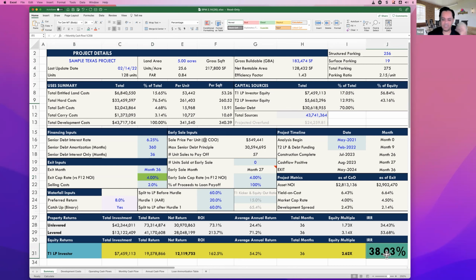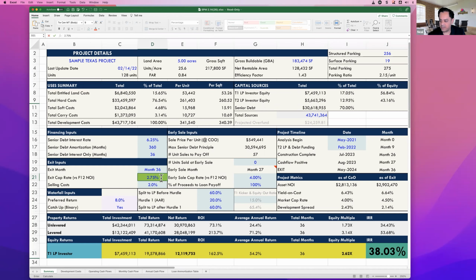And then look at this number on the right. So, this sample project is assuming that if it sells at 4 cap, then the IRR for investors is a shockingly high 38%. Remember, this is just an example, okay? Now, notice that if I just change one number, I'm not changing rents, I'm not changing expenses, I'm changing a single number. I'm saying my exit cap rate, instead of 4, is now 2.75.